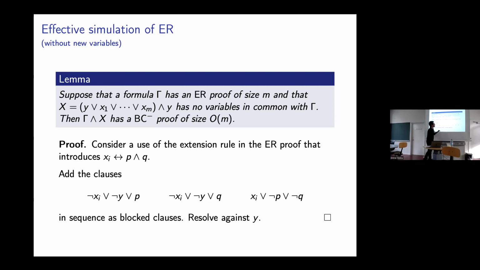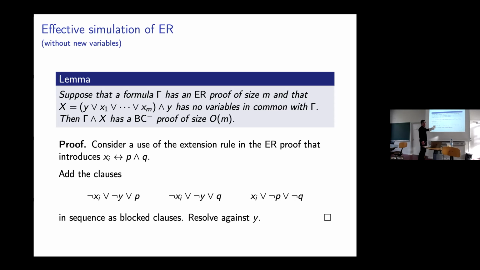You get these clauses, but these are not quite the clauses that you actually wanted, because these not y's are extra. So this is not yet the CNF of this one. But then you also included this y to cheat. So you just resolve these clauses against y to get exactly this. And in this manner, you can replace the use of the expansion rule by block prohibitions that do not use new variables.